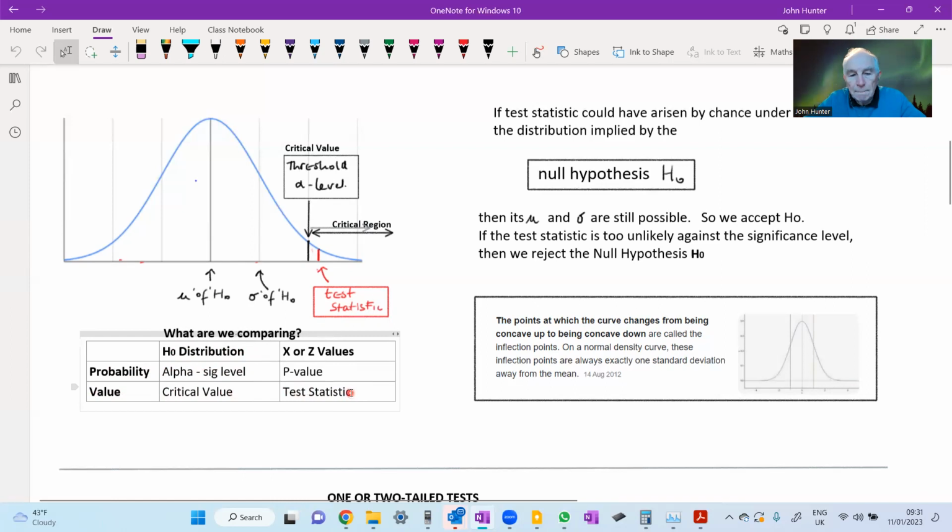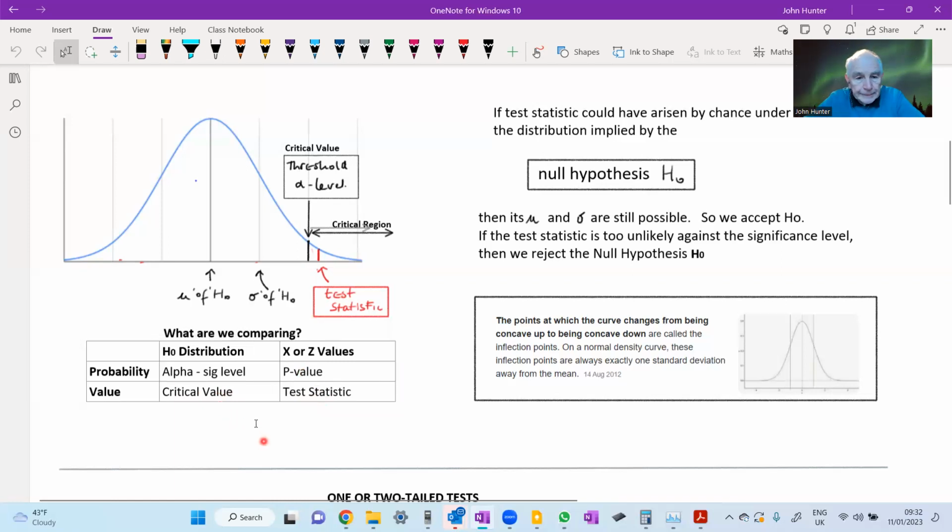And the level at which the test statistic falls defines the p-value. So the p-value would be this area to the right here. So we can compare probabilities or values. If this p-value is smaller than the alpha value, then we reject the null hypothesis and the prevailing assumption. Or if the test statistic is higher than the critical value, then we would do likewise.